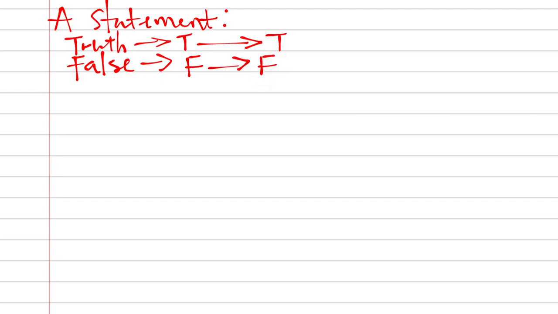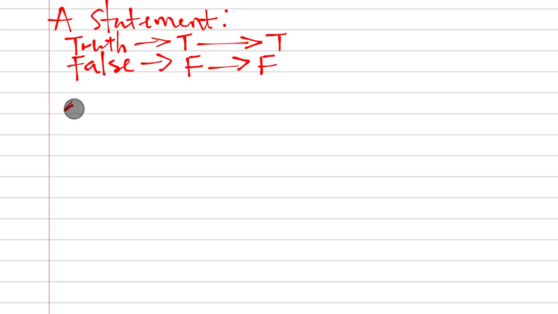Are you following now? All right, so now let us see examples of a statement. Let's see an example of a statement first, before we look at the true or false part. So let's look at this example.